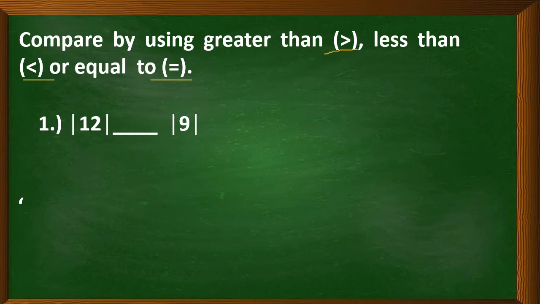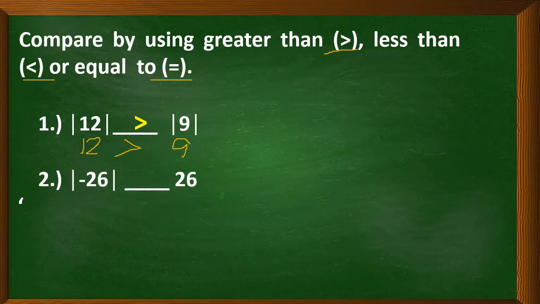What will be the correct symbol we're going to place between the two numbers? Okay, greater than. Because the absolute value of 12 is 12 and the absolute value of 9 is 9, and 12 is greater than 9.